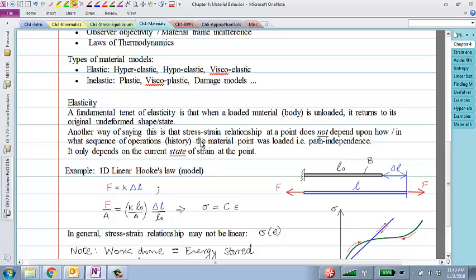The final configuration of that body is going to be path independent. That's what a history independent or a path independent material means.